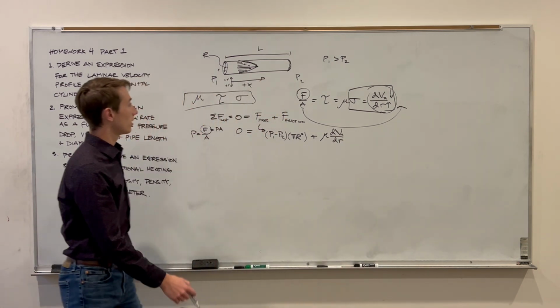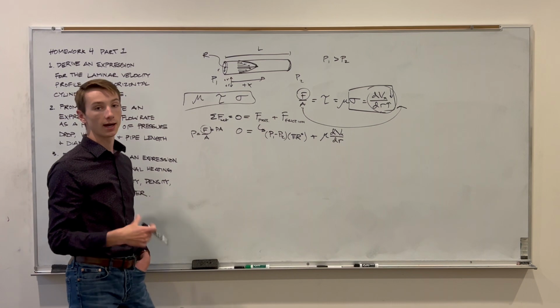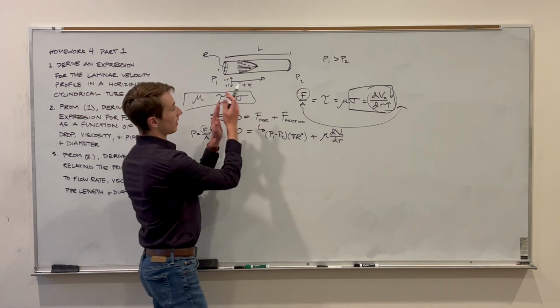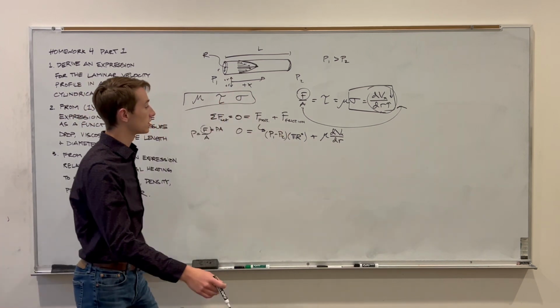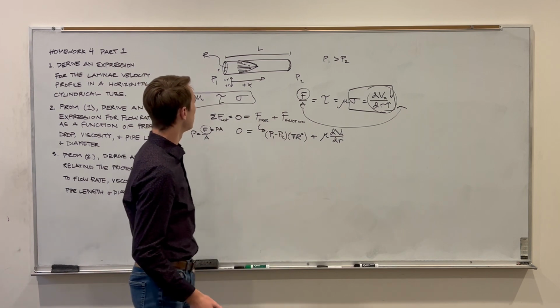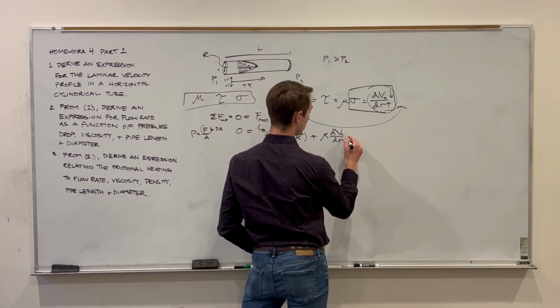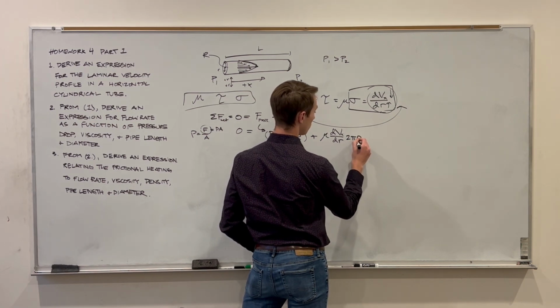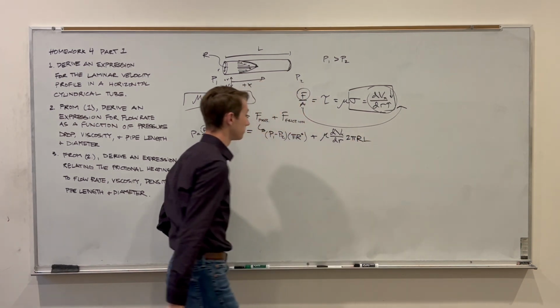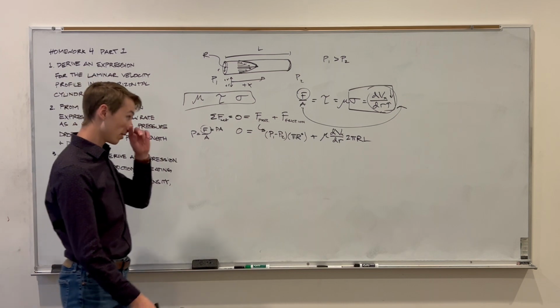Well, it's not going to be the cross-sectional area this time, it's going to be the area in contact with the fluid, which is going to be the area of the cylinder. So what would that be? The circumference times the length. So 2 pi r times L. Okay, and that's our force balance equation.